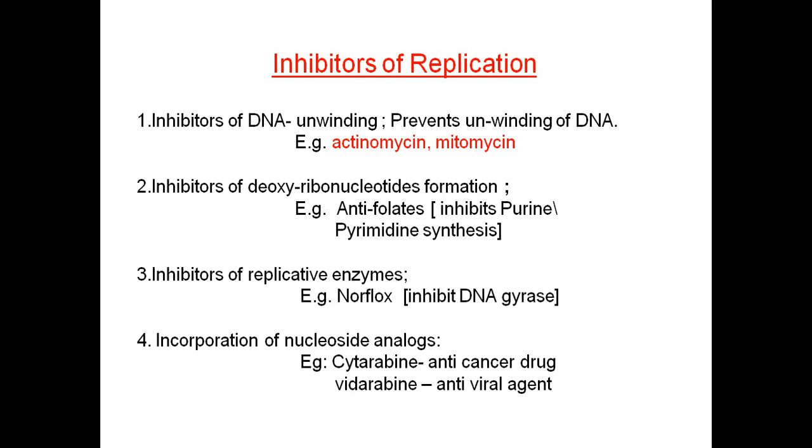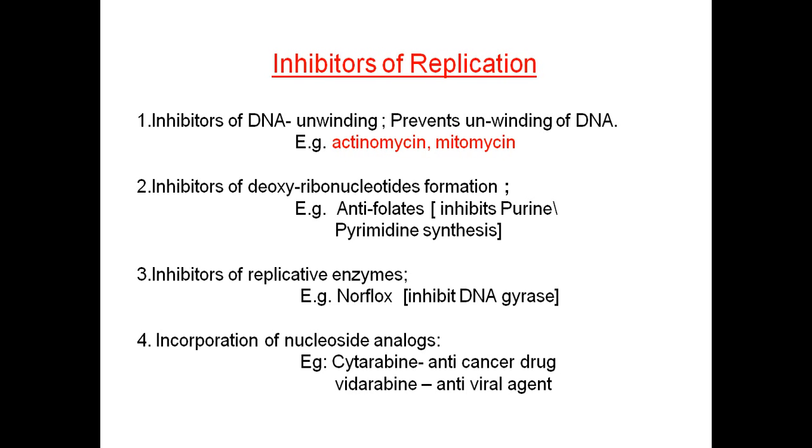This prevents the unwinding of DNA. So if there is no unwinding of DNA, there is no replication. So actinomycin and mitomycin prevent DNA unwinding and act as inhibitors of replication. The second type of inhibitors act on deoxyribonucleotide formation, means formation of dNTPs. We have studied the salvage pathway for purines and pyrimidines in second year.